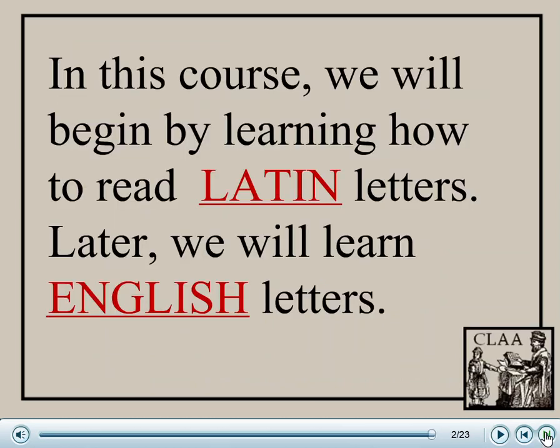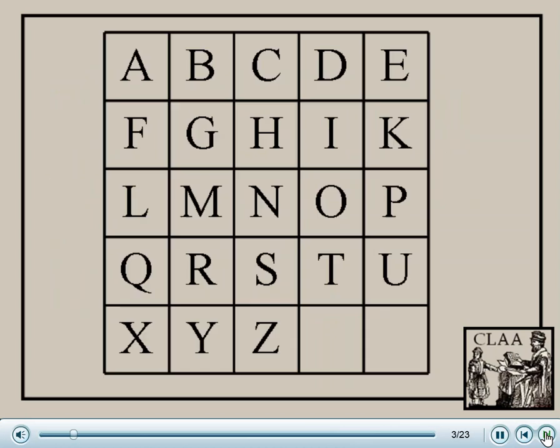In this course, we will begin by learning to read Latin letters, and later we will learn English letters. These are the Latin letters, and we're going to learn each one of them.